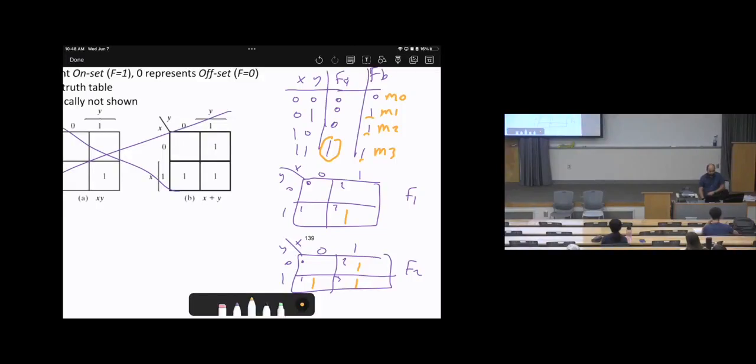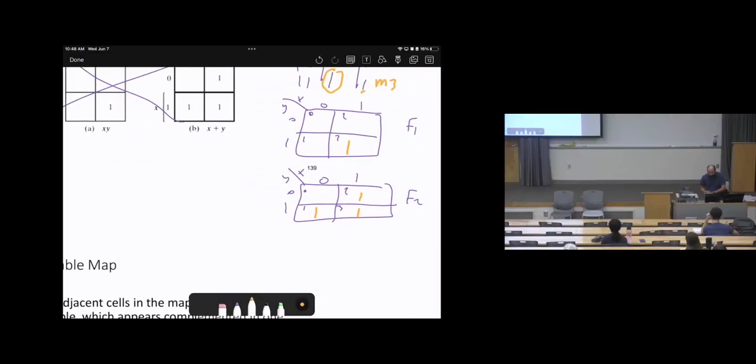Now, how to make the simplification? To find the function, for each variable, look at the location of it. So we have here a 1. This one is located between this one and this one. So here is x, here is y, while the 0 will be x bar and y bar.